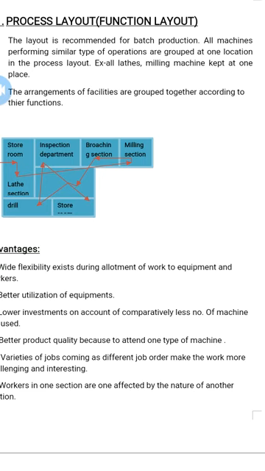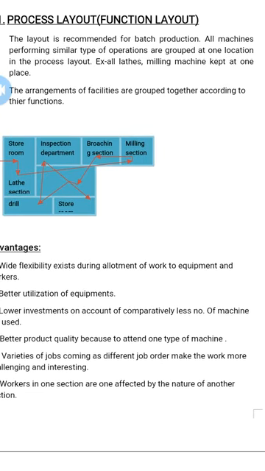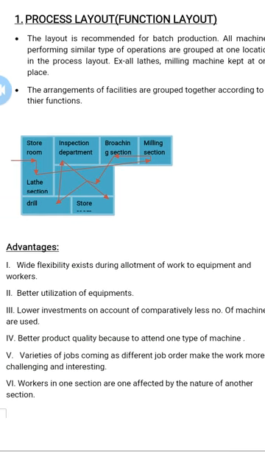In this type of production, we go for process layout. All machines performing similar operations are grouped at one location in the process layout. For example, all lathe and milling machines are kept at one place. The arrangement of facilities is grouped together according to their functions.